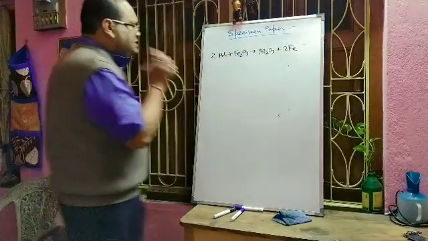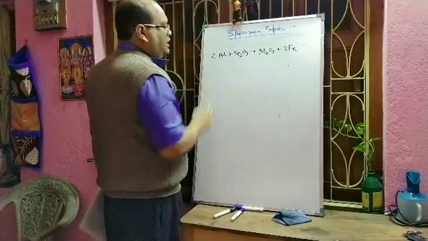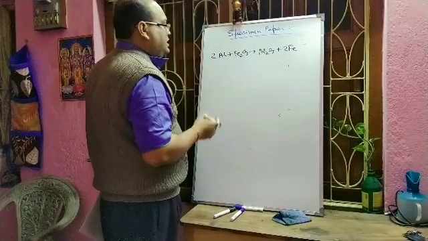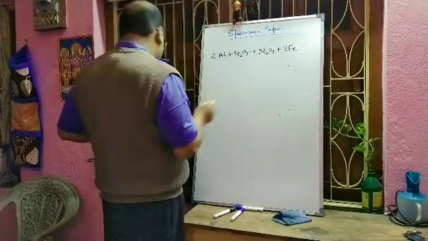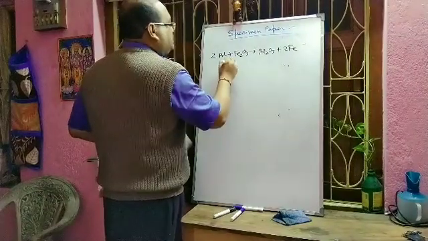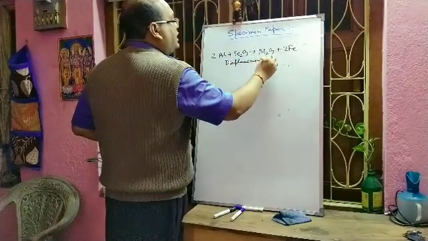So in this case, aluminium is displacing the iron, and so definitely it is a displacement reaction. Only displacement is given, so you write a displacement reaction.